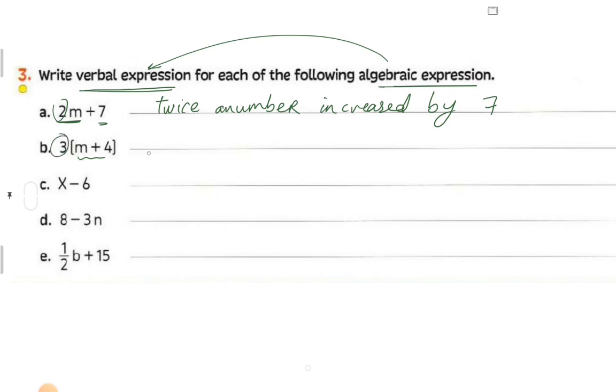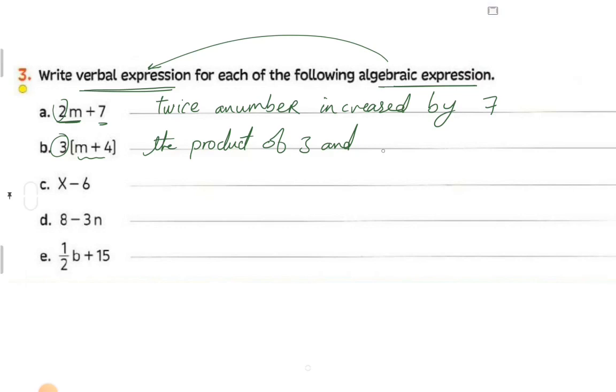Okay, 3 times the bracket of m plus 4, so 3 times, so the product of 3 and what? And the bracket, a number plus 4. No, it's wrong.